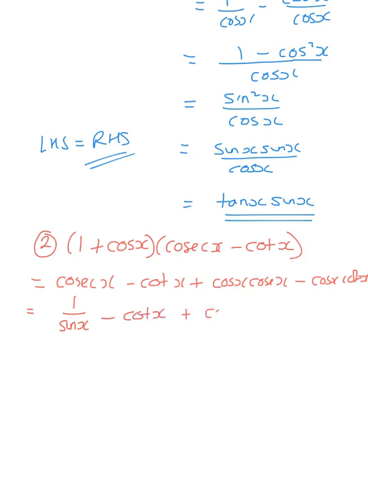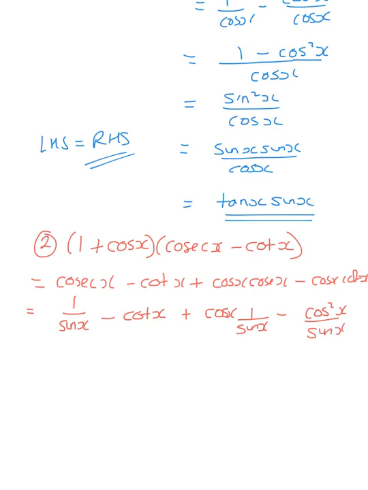Cos x times cosec x is cos x over sine x, and minus cos x times cot x is going to be cos squared x over sine x.